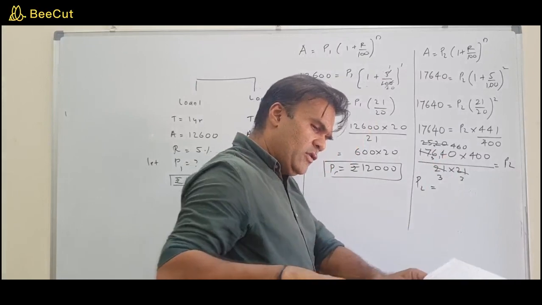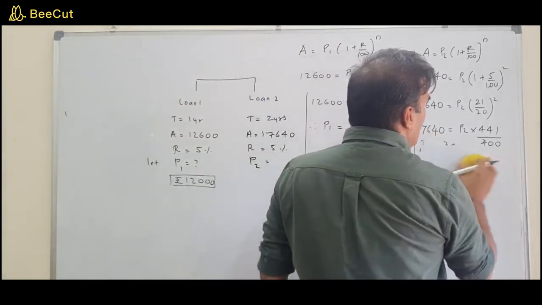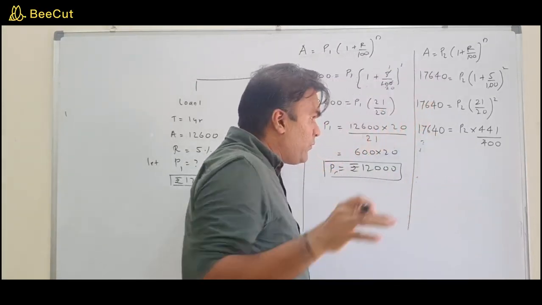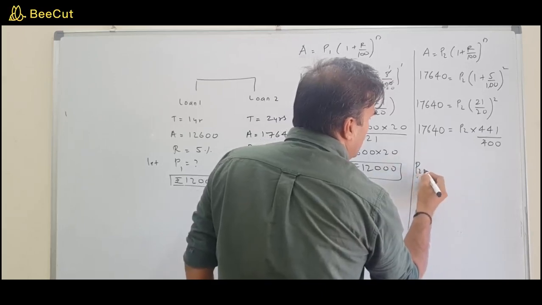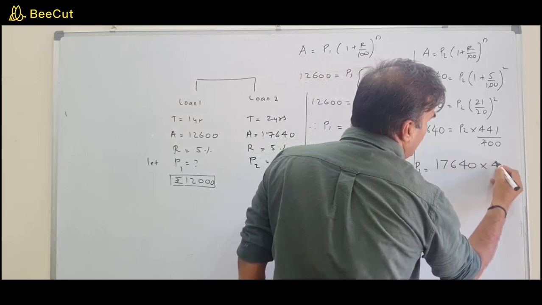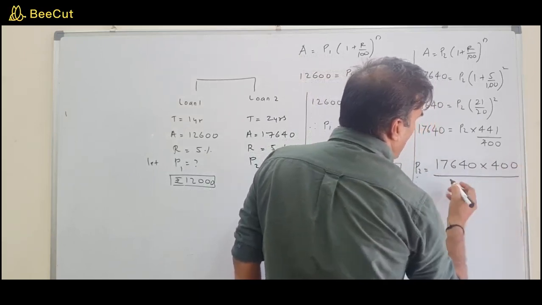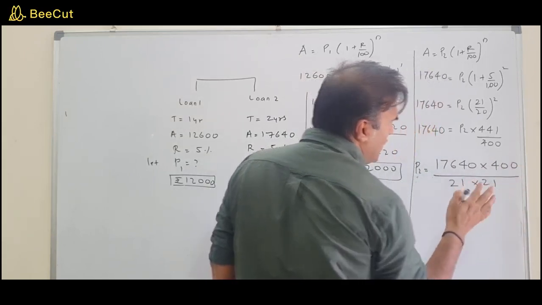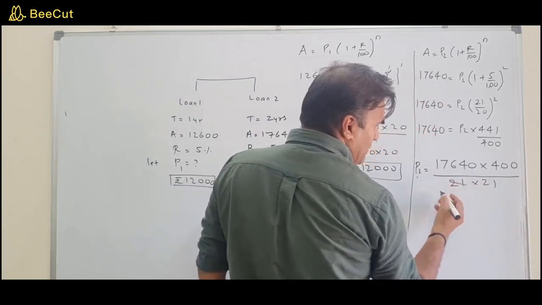One second, hold on. Let me do the calculation over here. P2 equals 17,640 into 400 upon 21. I am spreading it so that the calculation becomes simple.